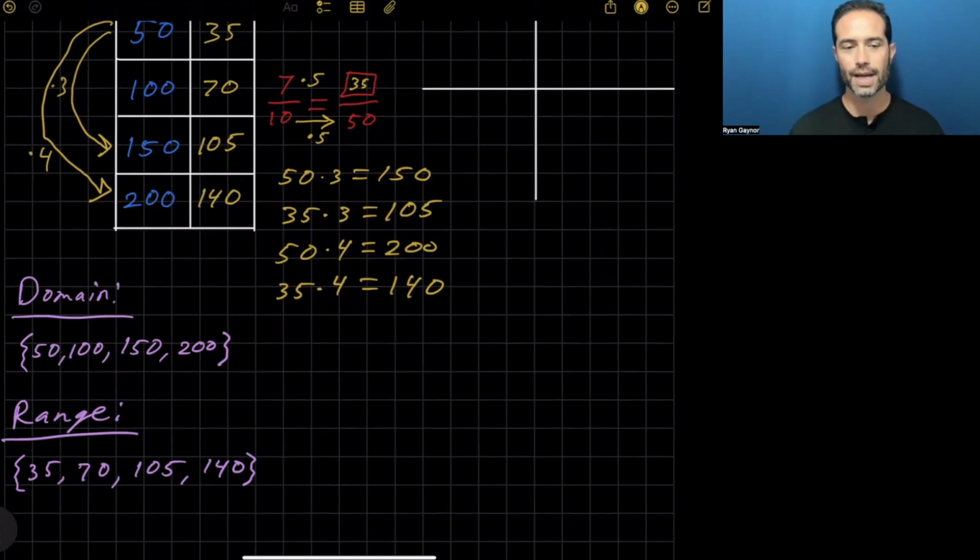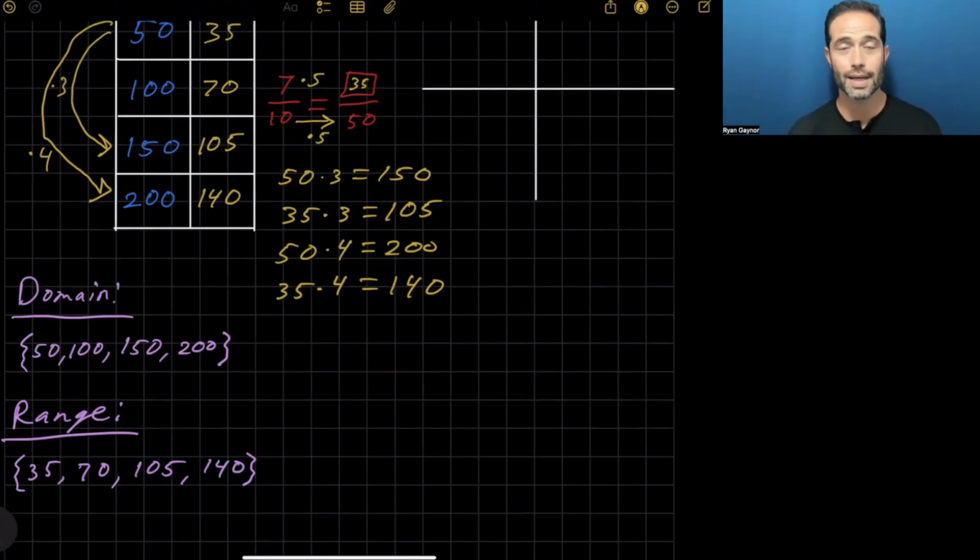And so that's why the range is also specifically four things. But if they had said this is going to go on forever, if they just keep buying plants, what will happen, then you would have to show that it goes up by 35 each time forever, basically. But we're stopping right here at the 140.